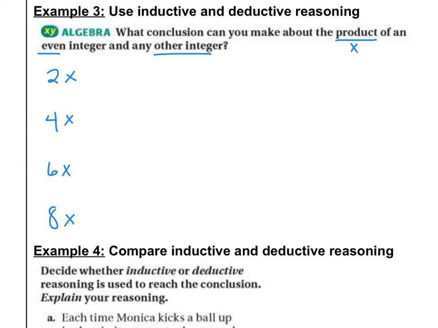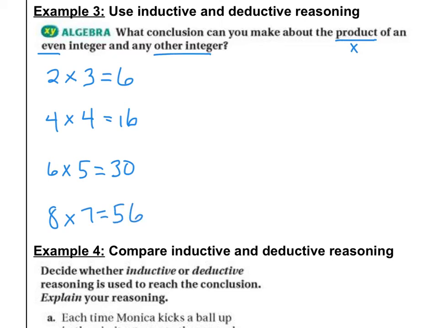And then let's pick whatever integer we want to multiply by. Let's do 2 times 3, 4 times 4, let's just go right up the line, 6 times 5, and 8 times 7. 2 times 3 is 6, 4 times 4 is 16, 6 times 5 is 30, and 8 times 7 is 56.